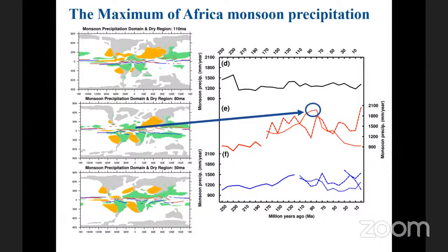At this time, at 80 MA, we can see the smaller piece here. That's also because this small piece of continent is within the tropics, so the precipitation is much stronger than at other times.